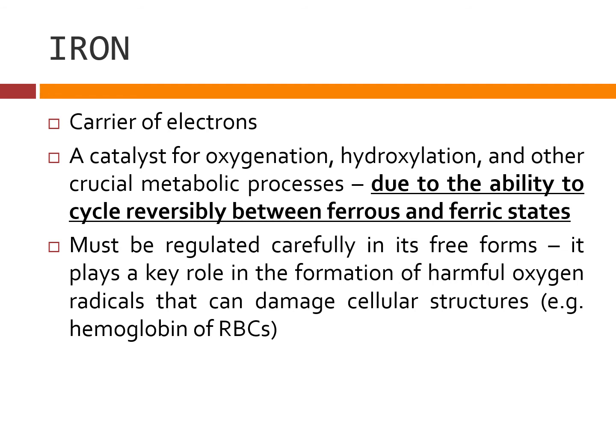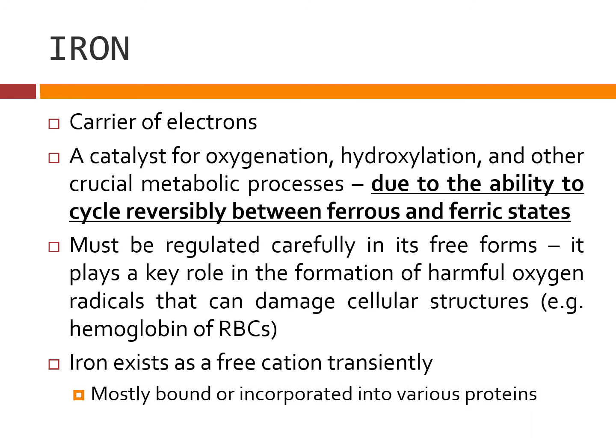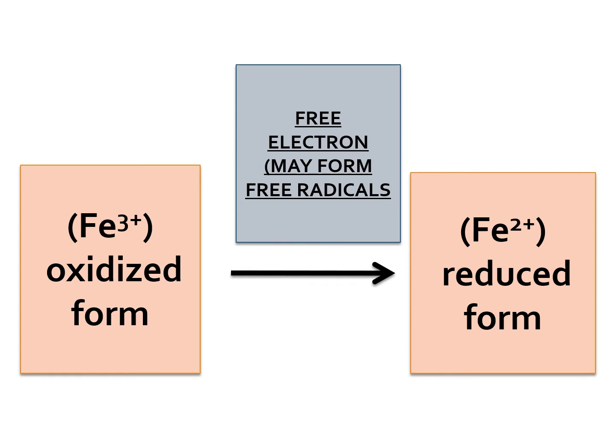So if you have the free forms of electrons, okay, those can actually damage our cellular structures, like the hemoglobin of your RBCs. So iron exists as a free cation transiently, and mostly they are bound or incorporated into various proteins. Having a free electron in the ferric form of iron, the oxidized one, it can form free radicals.